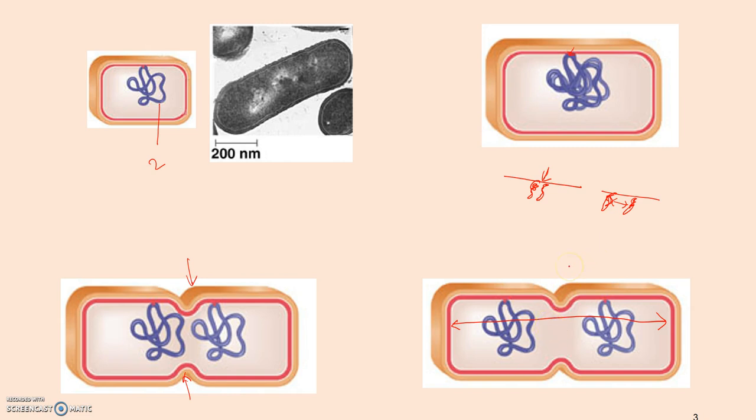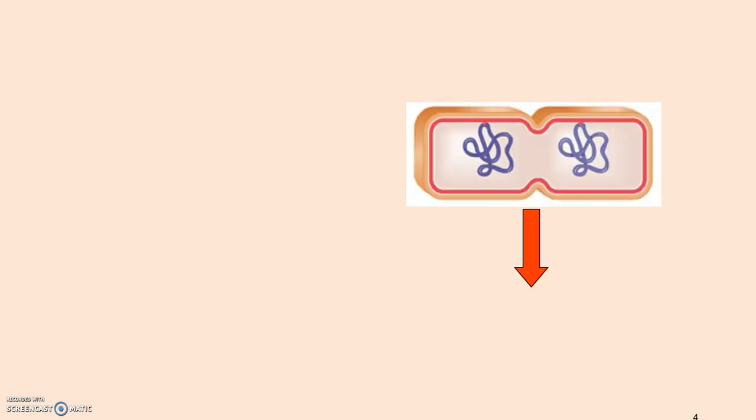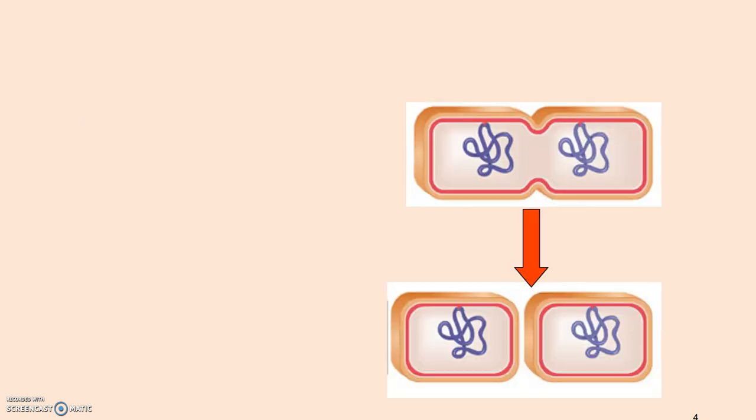Once the cell is approximately twice its original length, the new cell wall and cell membrane division is complete. It grows inwards, the cell gets pinched, and once it gets pinched, two daughter cells are formed.